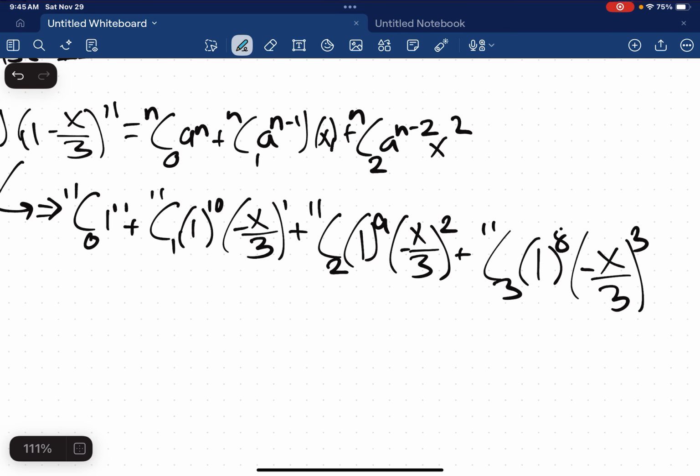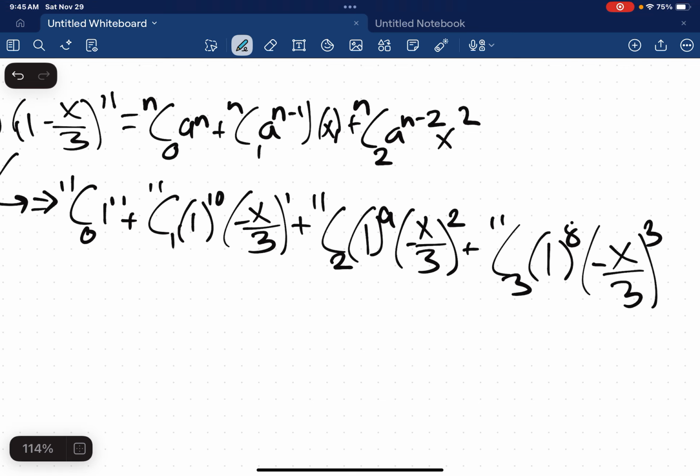Okay, now we're going to have to do a bunch of simplifying here. 11 choose 0 is just equal to 1 times 1 to the 11th, which is just 1. And then 11 choose 1 is going to be equal to 11 times 1 times negative x over 3, plus 11 choose 2.